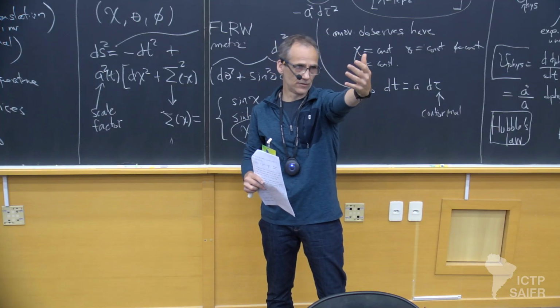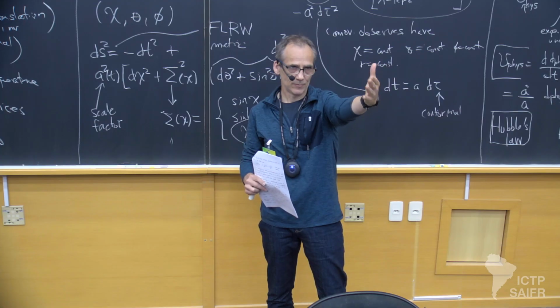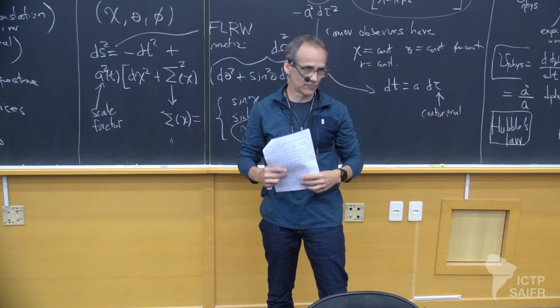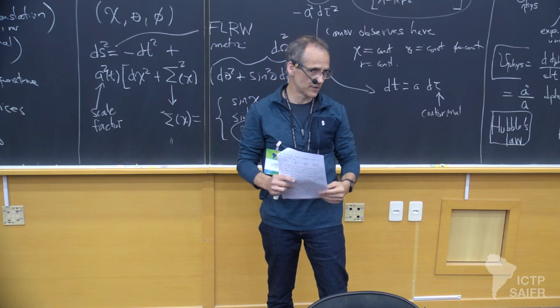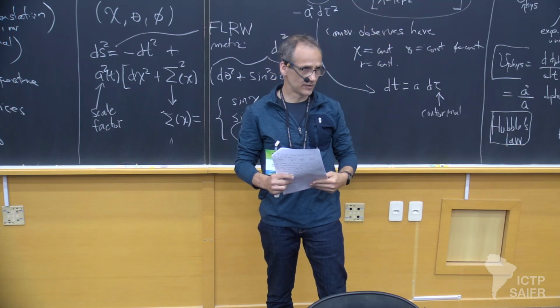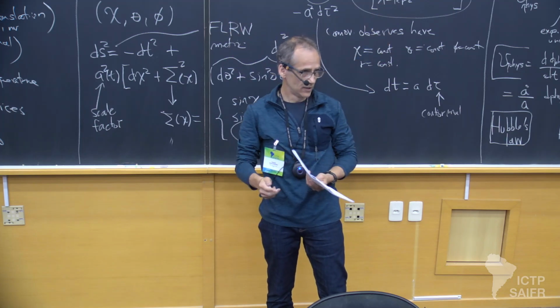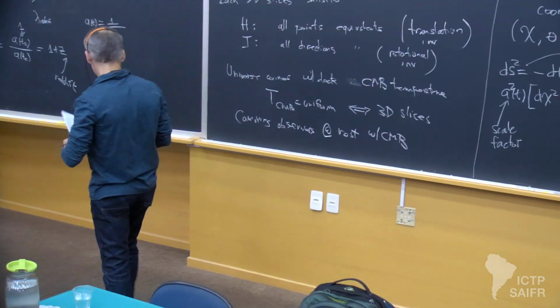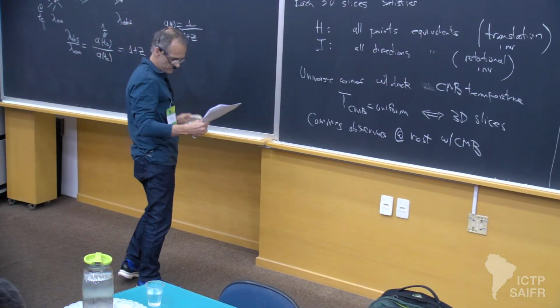The farther away you look, you're looking into the past, because light takes some time to get to you. The same way, when we look at the sun, we are seeing the sun as it was 8 minutes ago. As you go farther and farther into the cosmos, you are looking back into earlier and earlier times. That's just from the fact that the speed of light is finite.